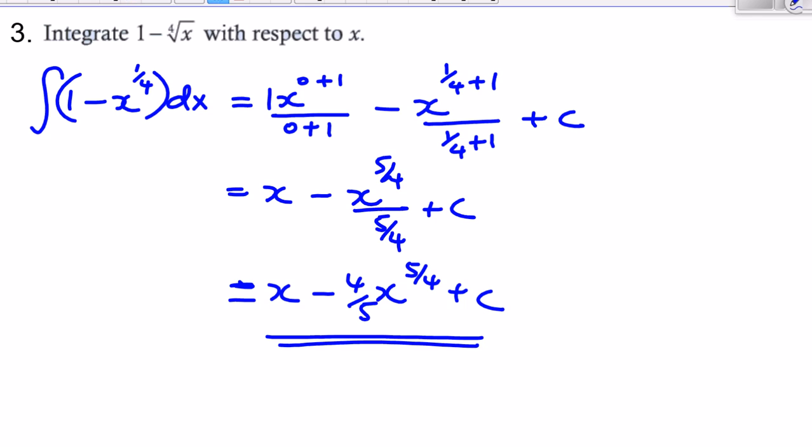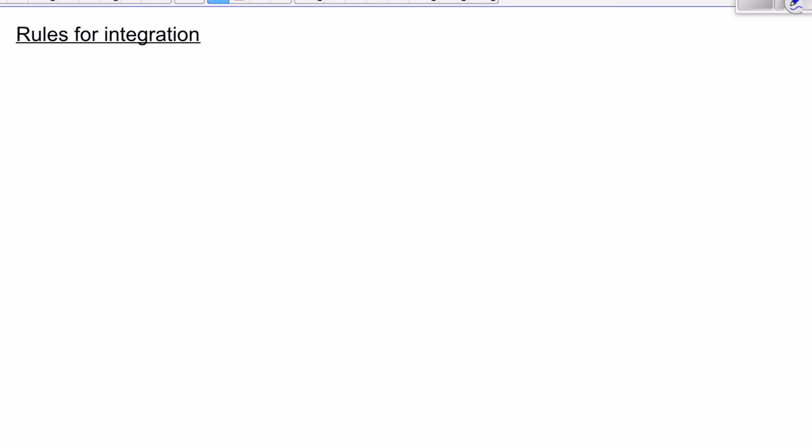Okay. And now I want to look at some rules for integration. Some of these rules are actually in your formula booklet. Now, suppose here we have the function, and on the right we have the integral.